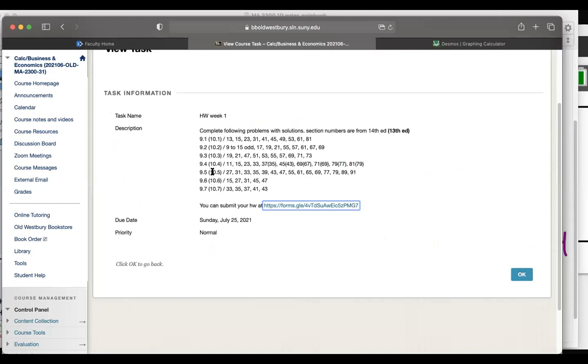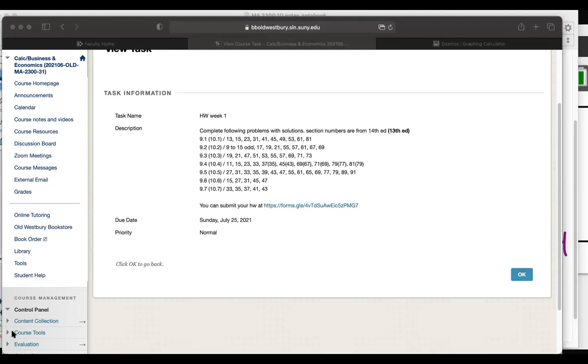And maybe section 9.4, that's the derivative. And then the questions were 15, 23, 33.